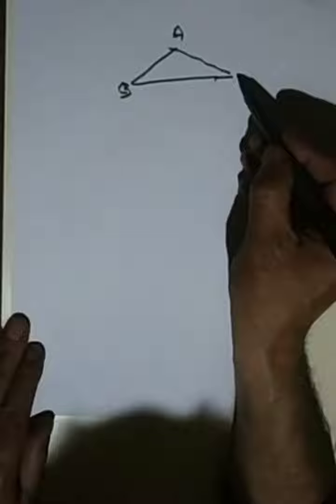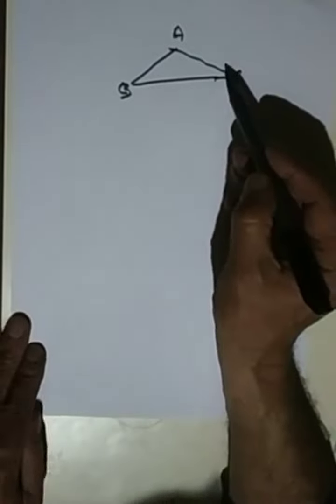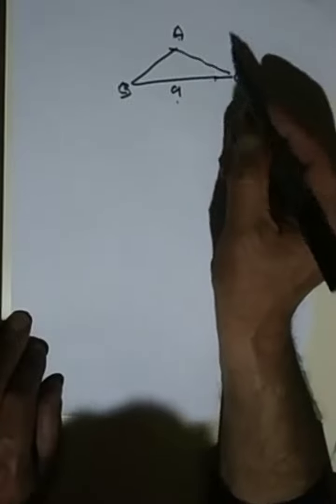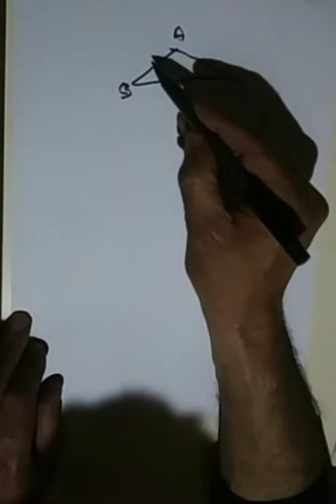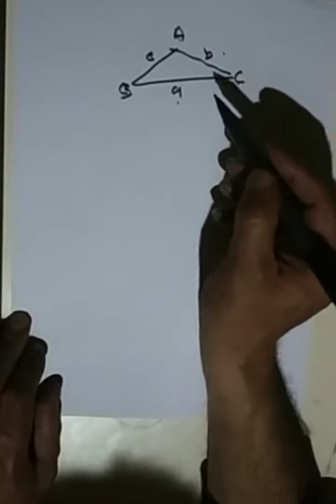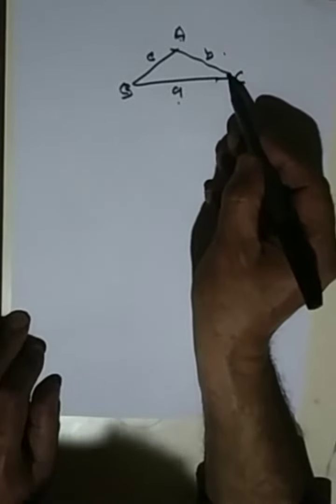Suppose we have a triangle here with vertices capital A, capital B, and capital C. Now we write this distance as small a opposite to this vertex, and this as c, and the side opposite to vertex B as b. Now suppose we want to find the cos of C.